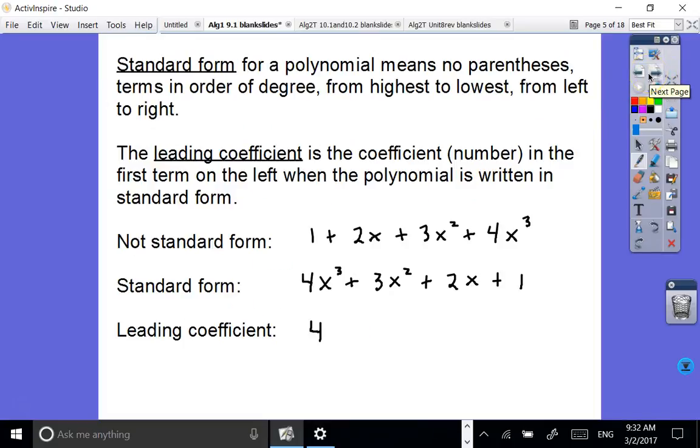So the standard form, when we write a polynomial, is to have the highest exponent to the left, and then in decreasing order of the exponents. So it should be the highest power to the left, the lowest or constant all the way on the right. There shouldn't be any parentheses, so you've got to do some simplifying.